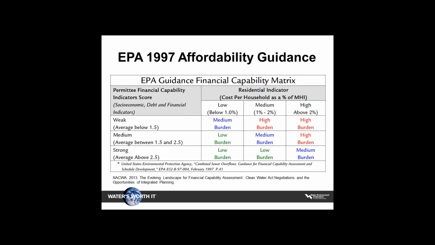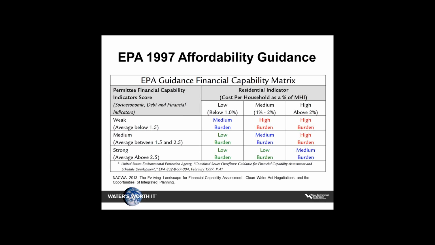And if you're in a high burden, we'll give you up to 15, but if you really have a hardship case that you convince our staff about, we'll give you 20. And that's where the idea that no consent decree could ever have a schedule longer than 20 years came from. And just like that 20-year decision was set into stone, so was the concept of 2% median household income as a residential test.